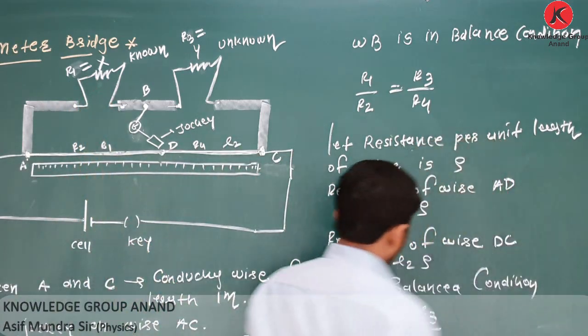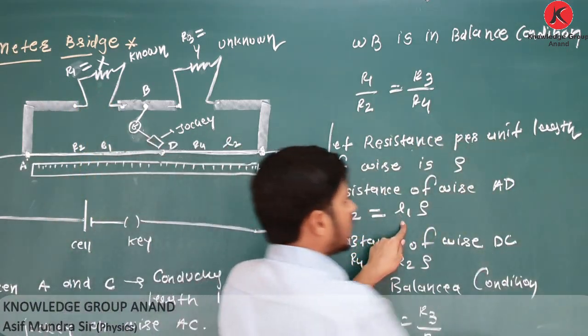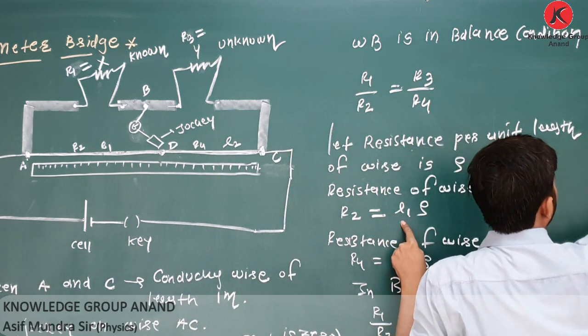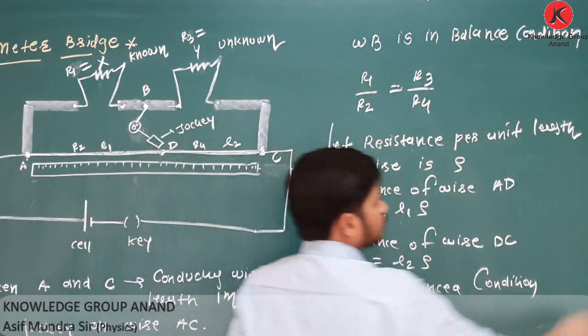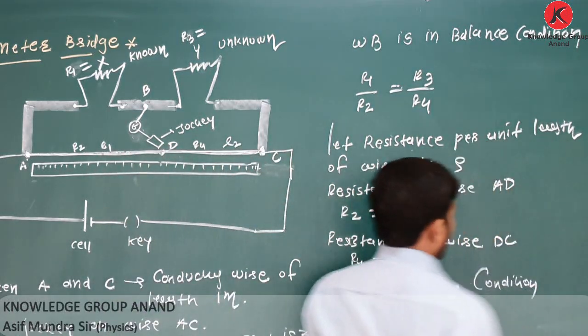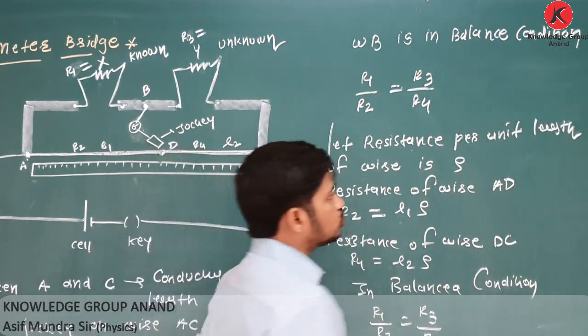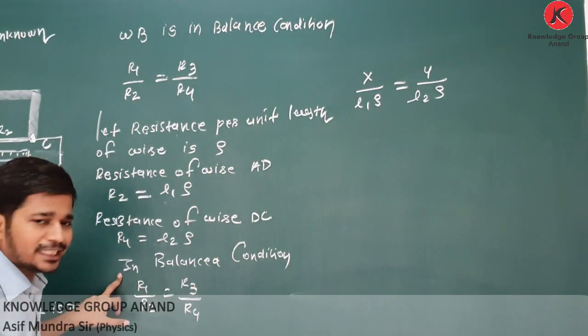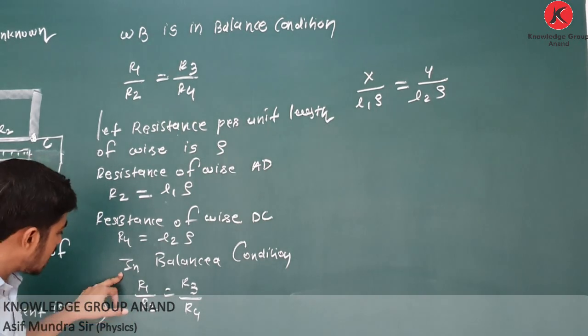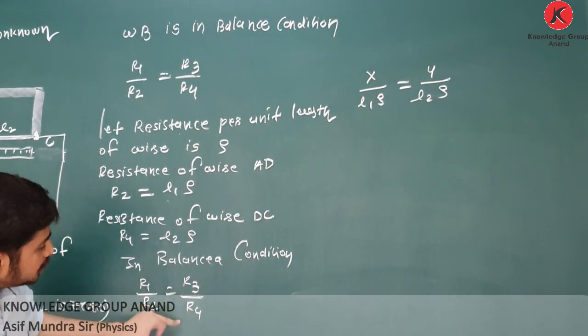What is R2? Here it is L1 rho, is equal to R3. R3 means the unknown resistance, which is Y. And what is R4? It is L2 rho. Again, in balanced condition, you know the relation: R1 upon R2 is equal to R3 upon R4.